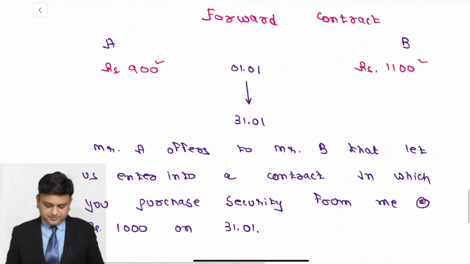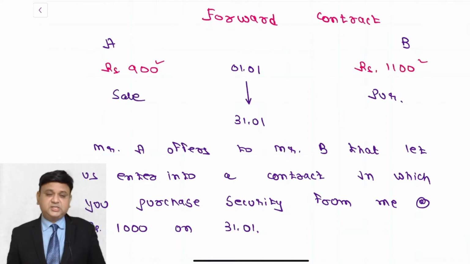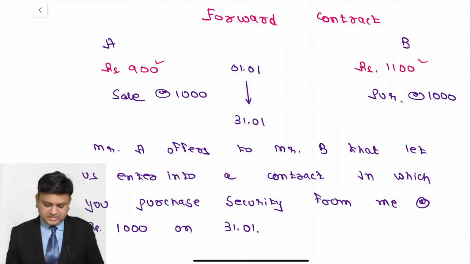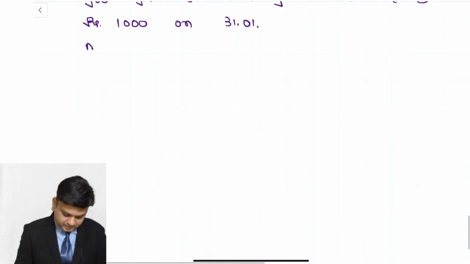Listen carefully. In short, I will sell the security to you at the rate of rupees 1000. That is the kind of offer that Mr. A gives to Mr. B. Mr. B agrees to this.